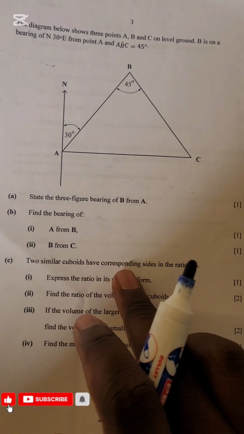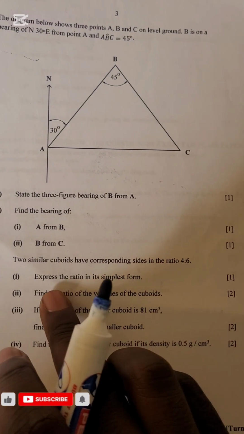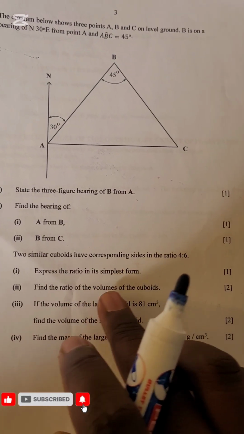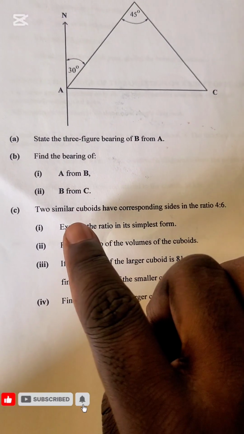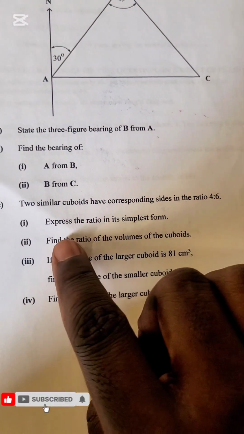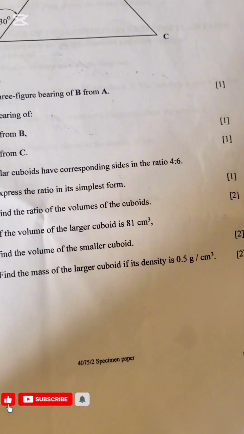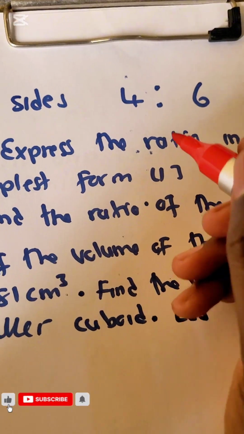Two similar cuboids have corresponding sides in the ratio 4:6. Express the ratio in its simplest form, and find the ratio of their volumes. Okay, so I want to express 4:6 in its simplest form.